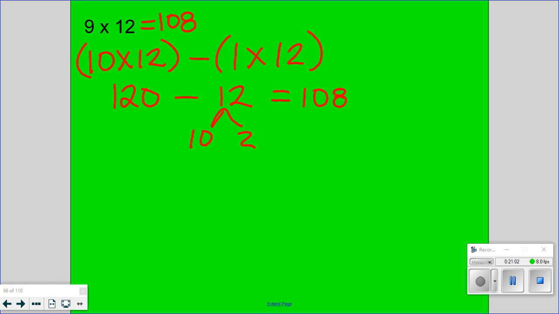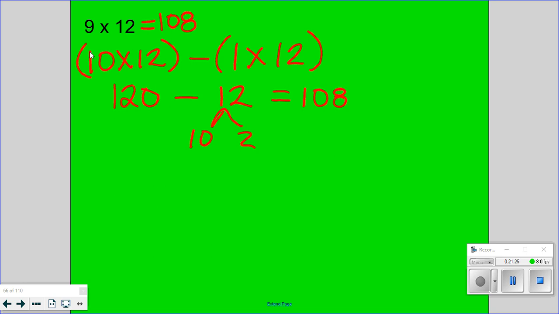So now that we have done some work with our 9s, let's see if we can use that to solve. We have 2 problems left in our 9s. We have 9 times 8 to solve. Well, what's 10 times 8? 80.